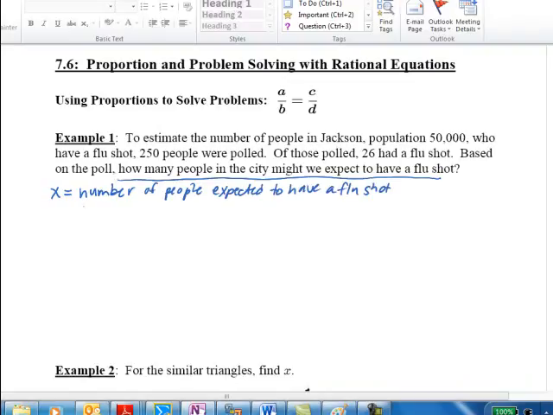You could maybe shorten that a little bit, but you need to have the number of people and something involving a flu shot. So you need to be very descriptive about what your variable is going to represent.